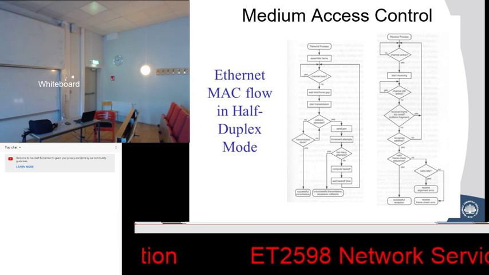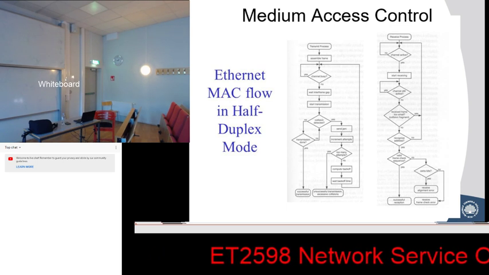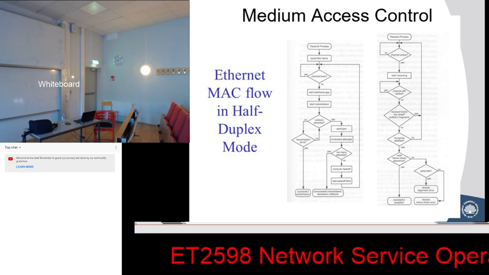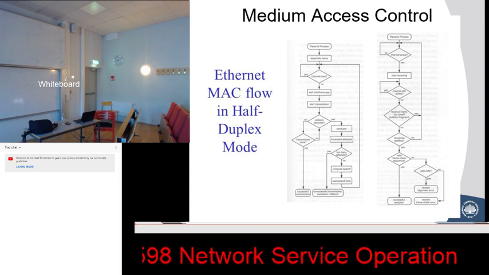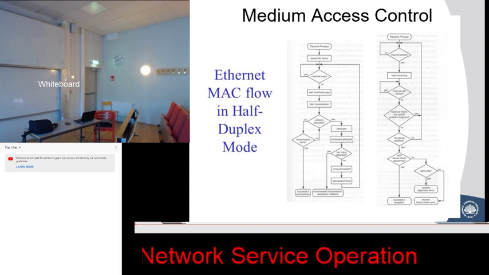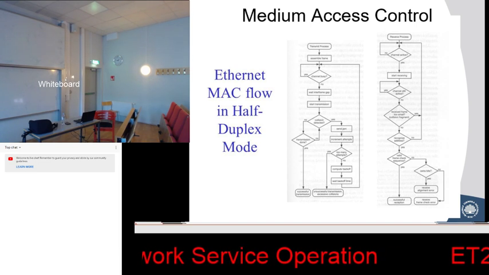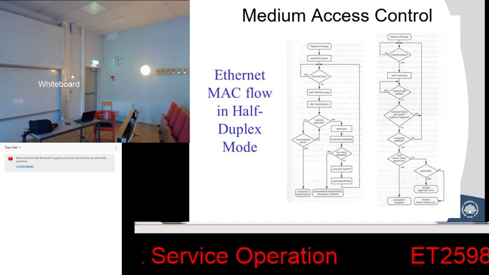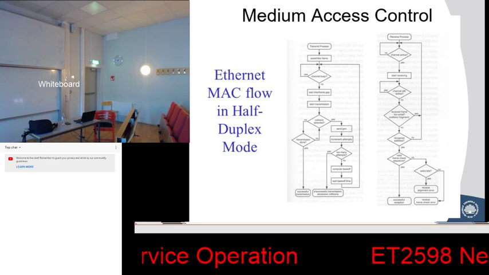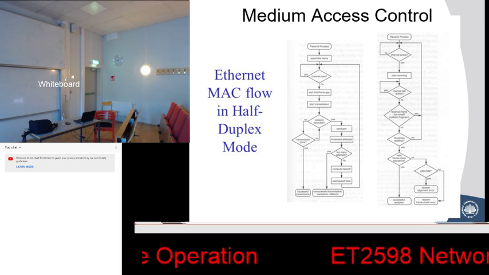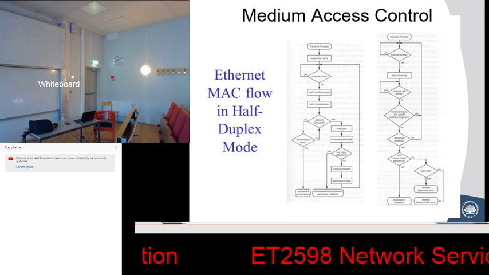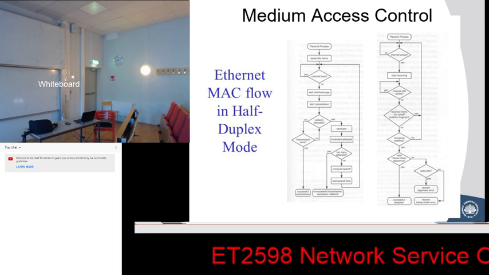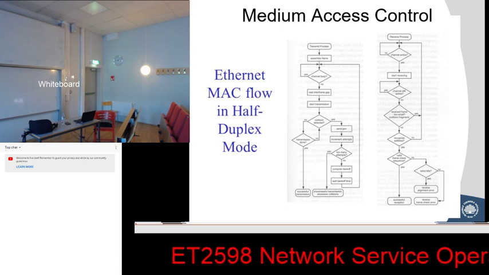I think that we have done this a little bit differently. But if it is a recognized address that I'm supposed to be listening to, I move on to the next step: is the frame check sequence of this frame correct? If it is correct, then I have successfully received the frame. And then I report, hey, I got this, and I deliver that to the upper layers.